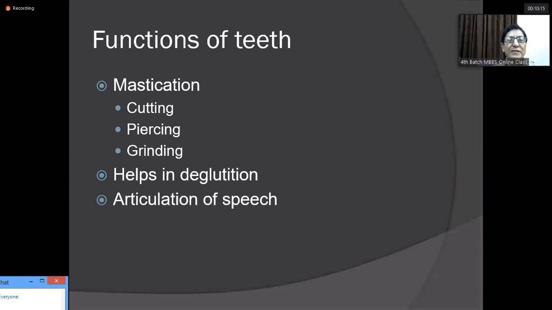And then articulation of speech. It is very important because, as I mentioned earlier, sound is produced in the larynx and vocal cords, and then that sound is converted into different types of speech with articulation at different locations. Today I want to tell you one very interesting thing.